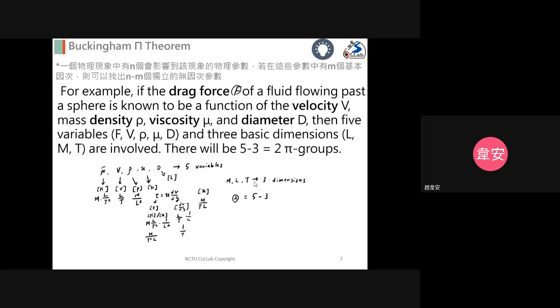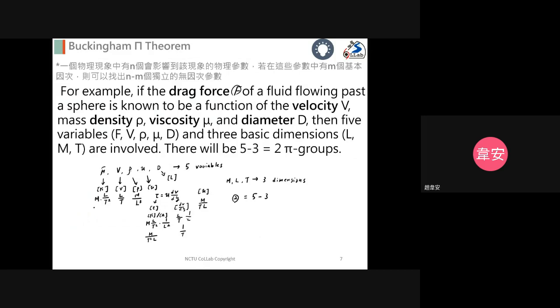We call that the Buckingham pi theorem. So since we pick one physical parameter, for the slide showing here, it is the drag force, and we just list all of the physical variables mentioned in our drag force.